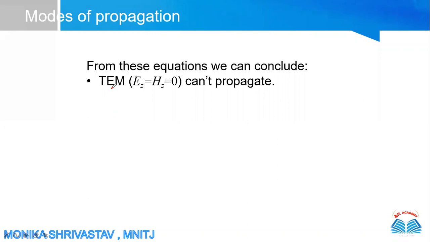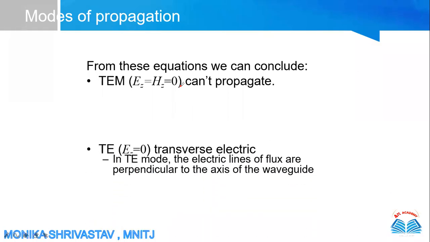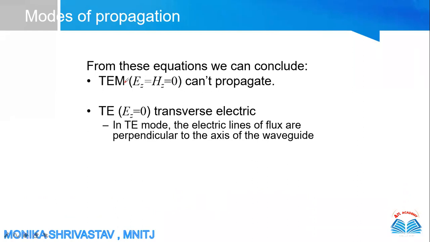In this mode, the Z component of electric and magnetic field is 0. If the Z component of electric and magnetic field is 0, that means the wave can't propagate in this direction. So this is our TEM mode.